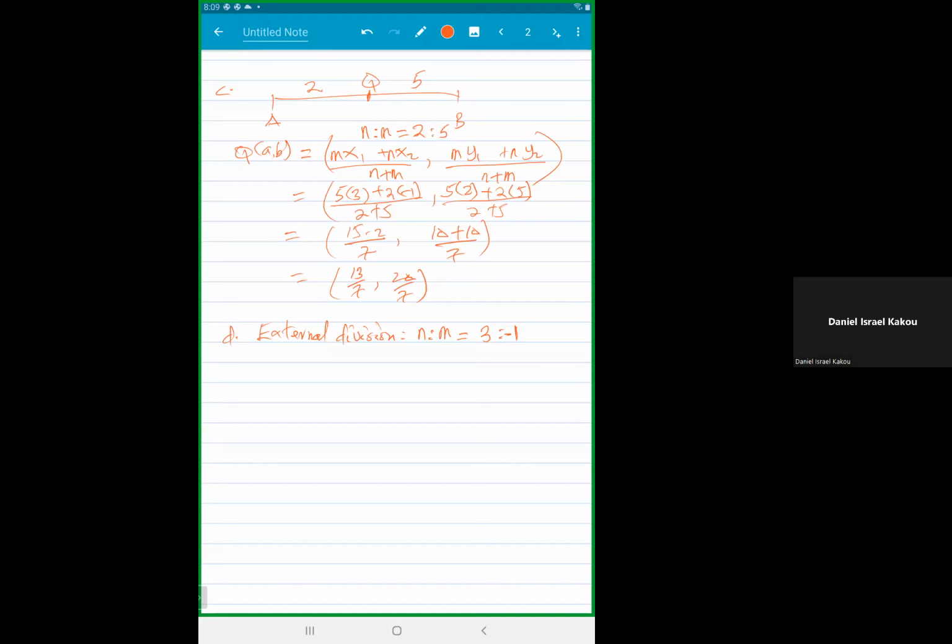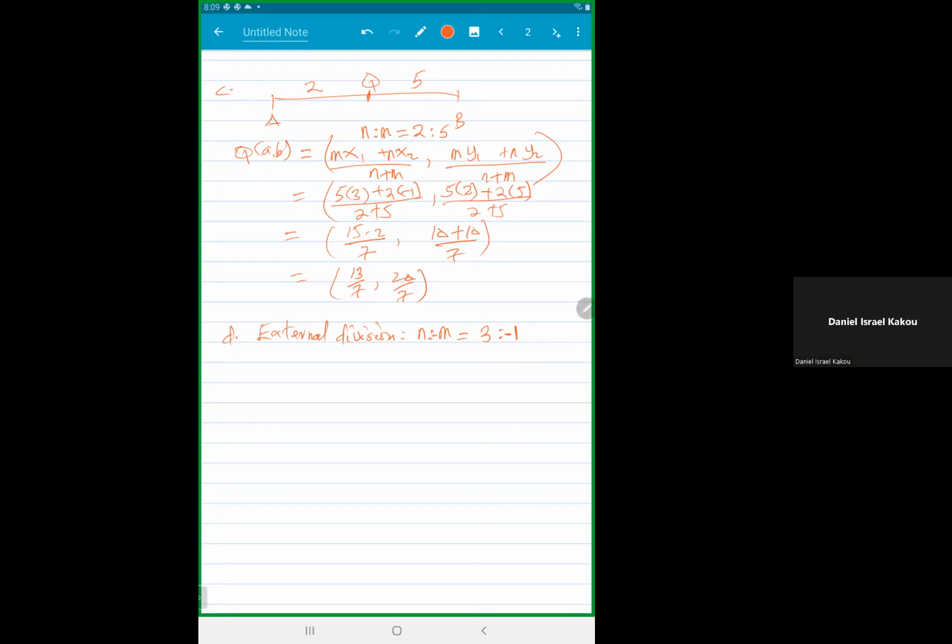Immediately I introduce the negative, I am basically repeating everything in the internal division formula, right? So another thing you can do is sometimes when you negate the 1, you can repeat the same process for the M. Yeah, so that you will basically be repeating everything in the internal division formula. So wherever we see M in the internal division formula, we negate it.